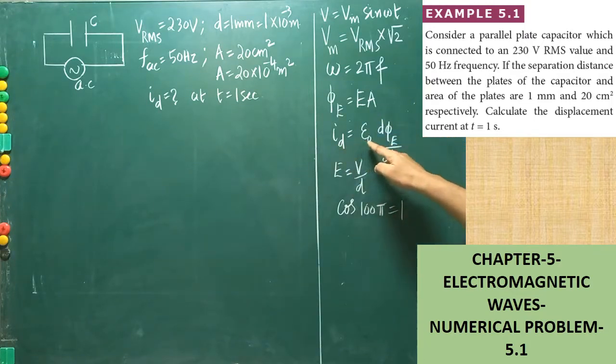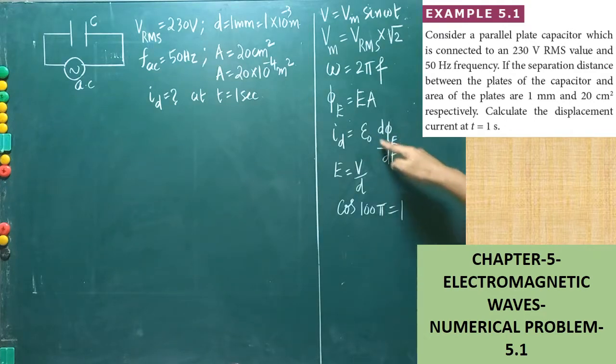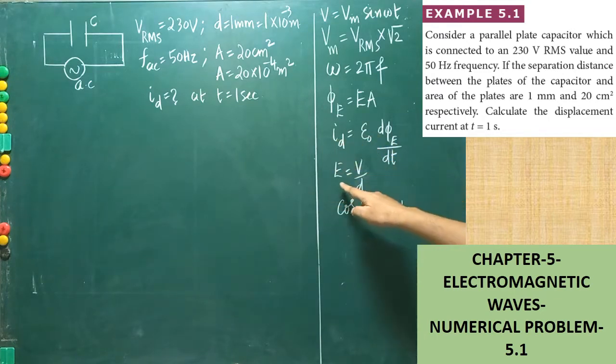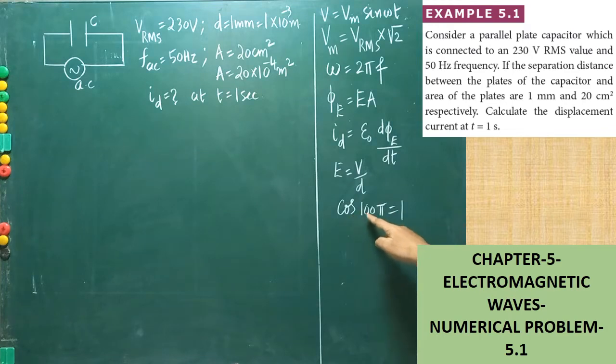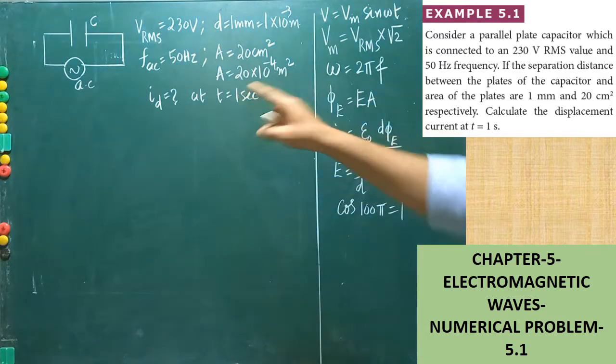Displacement current formula is epsilon naught into d phi E divided by dt. Rate of change of electric flux into epsilon naught is id, and electric field is equal to V by d, and the cos 100 pi value must be known, that is equal to 1. So by knowing all the formulae and data, we are going to calculate the value of id.